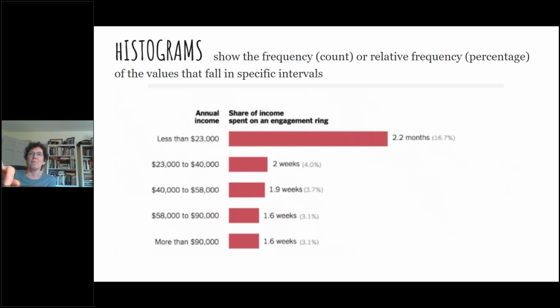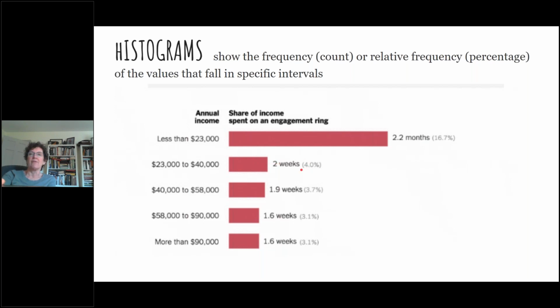So you are spending, in this sample of people that they interviewed, at $40,000, 2 weeks of their total annual income on an engagement ring.